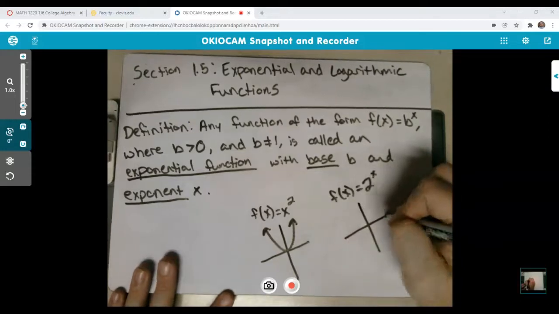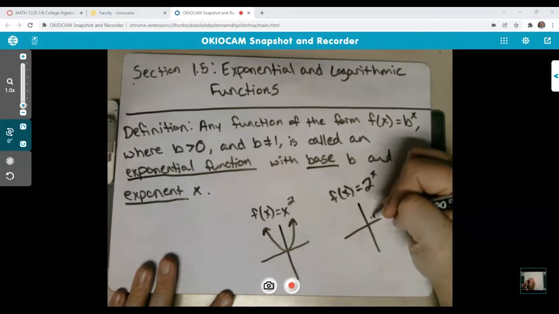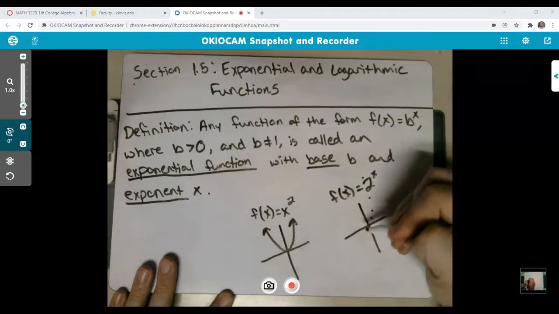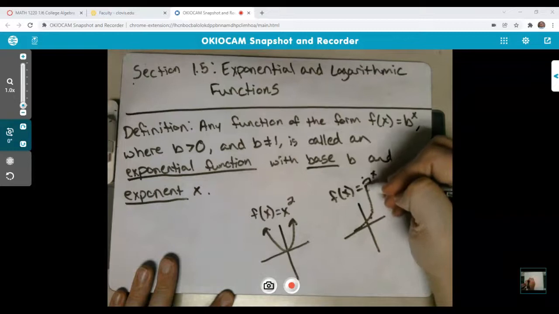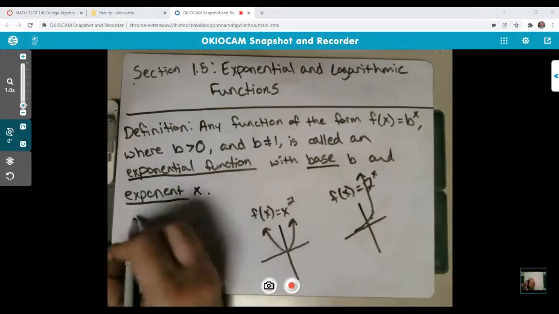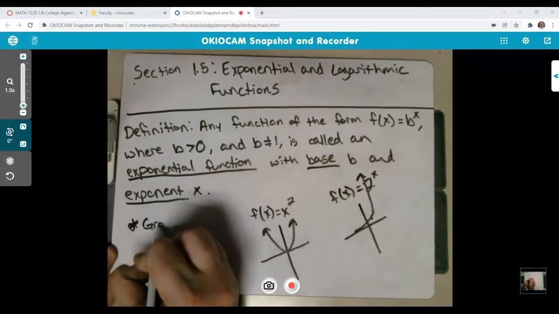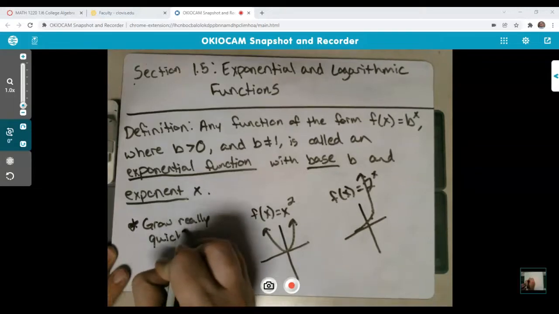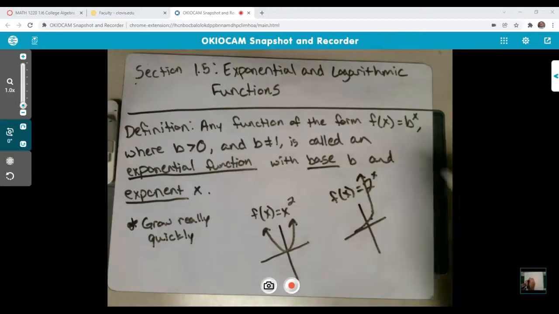All right. 2 to the first would be 2. 2 squared would be 4. 2 to the third would be 8, which would make it really high. 2 to the fourth is 16, which makes it really high. So this graph looks something like this. So the reason these are so cool is because they grow really quickly. Okay. These functions grow really quickly. And so that is why these are so cool, okay?